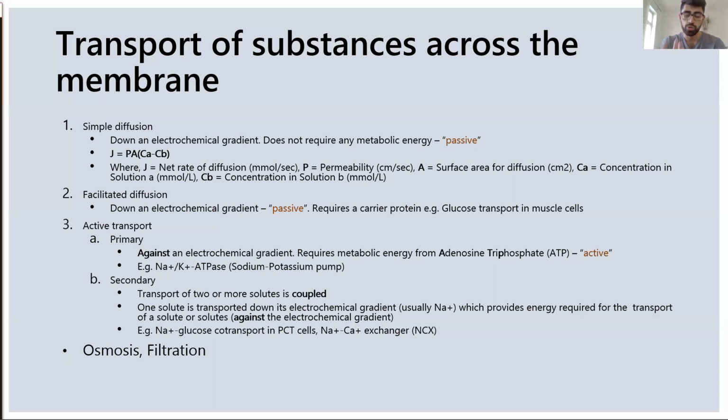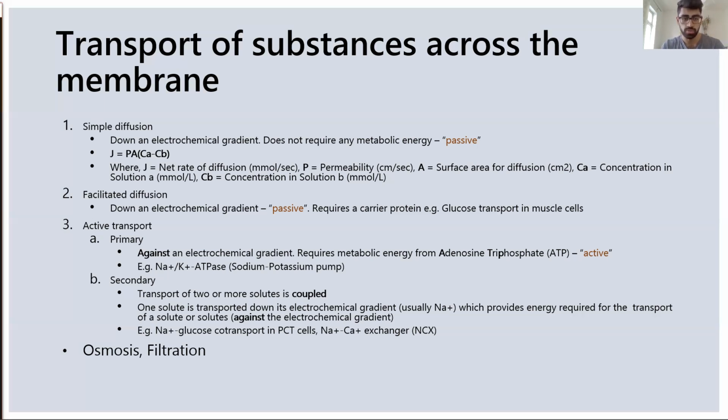In simple diffusion, no protein is required for transport, whereas in facilitated diffusion, as the name suggests, we are facilitating the diffusion process. So we have a carrier protein. For example, glucose transport in muscle cells, but there are a few examples, and it's important for these general physiology questions to have a few examples on hand for all of these different types of channels and types of transport.